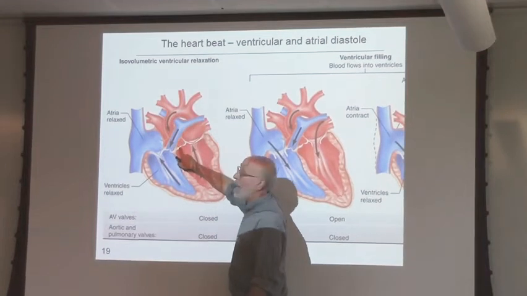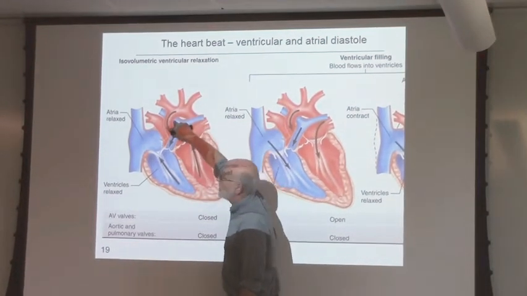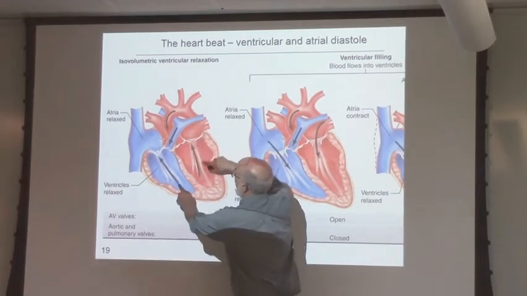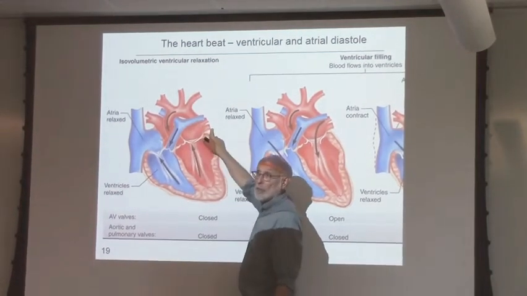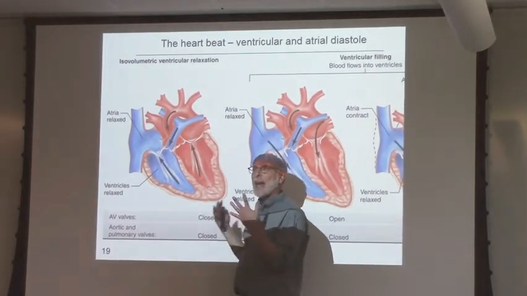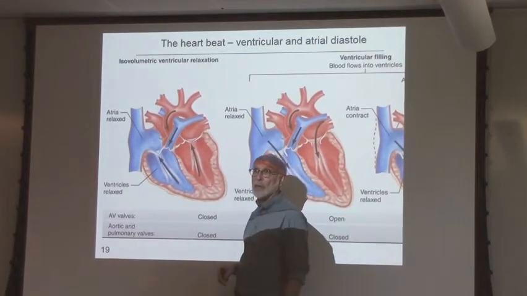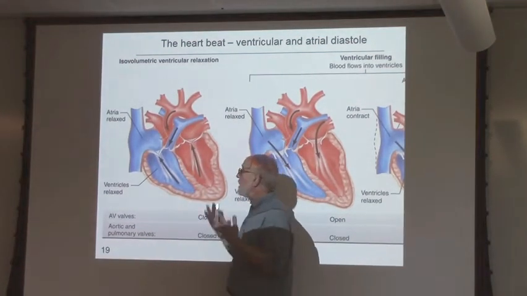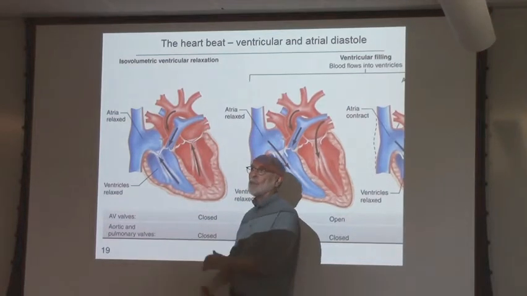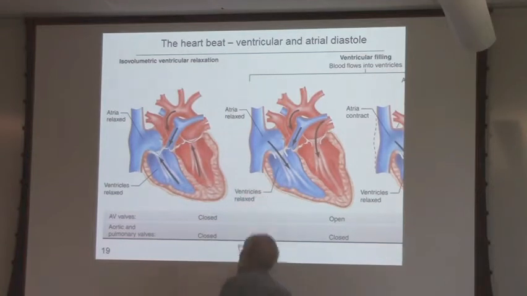The tendency for backflow closes the aortic valve. So this is no flow. These valves are still closed, still no flow. No flow anywhere. It's relaxing, but it's called isovolumetric relaxation. It's relaxing, but there can be no change in volume because all the valves are closed. Isovolumetric relaxation.